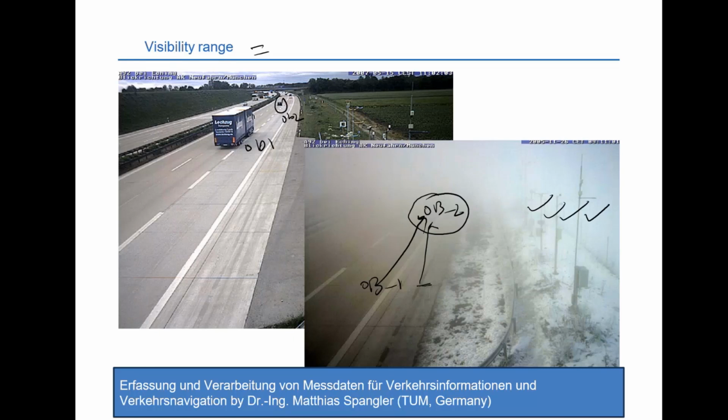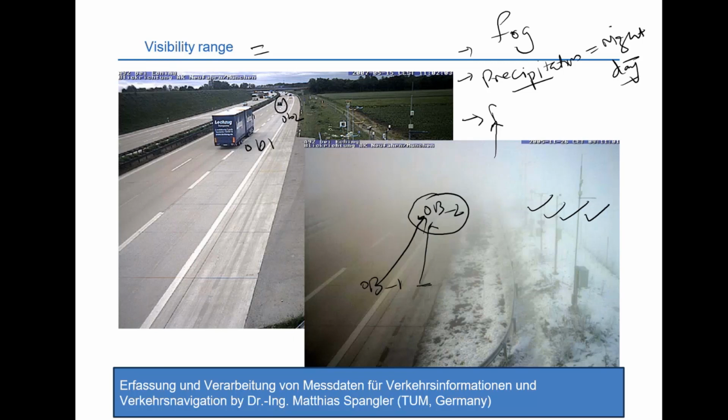And what is the limitation of that visibility, or how could it be increased or decreased? The first important element is of course fog. The second one is precipitation. And of course, night and day, two extreme situations which we should consider.